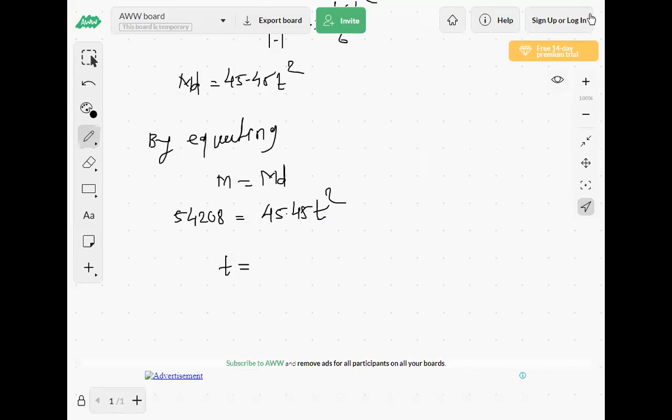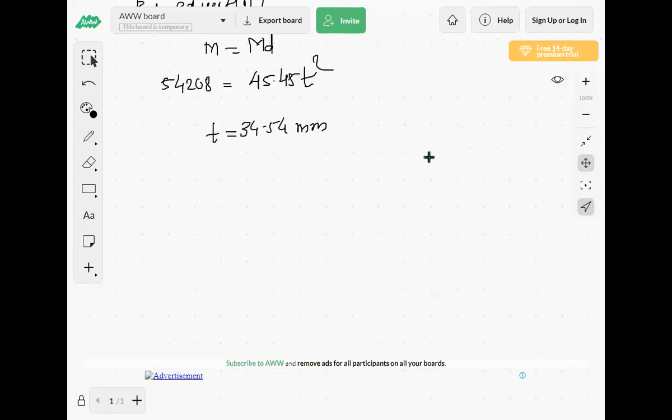How much T? 34.54. 34.54 mm. But this is the thickness.